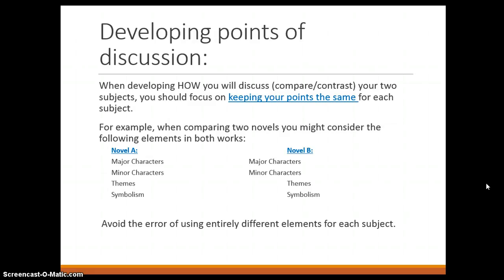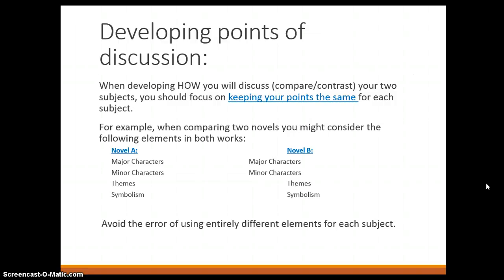So when you're working on your actual essay and how you're going to discuss the two subjects, you make sure that each subject, so if you're covering different types of cars, then you're going to make sure that each point that you pick to discuss covers the same items.